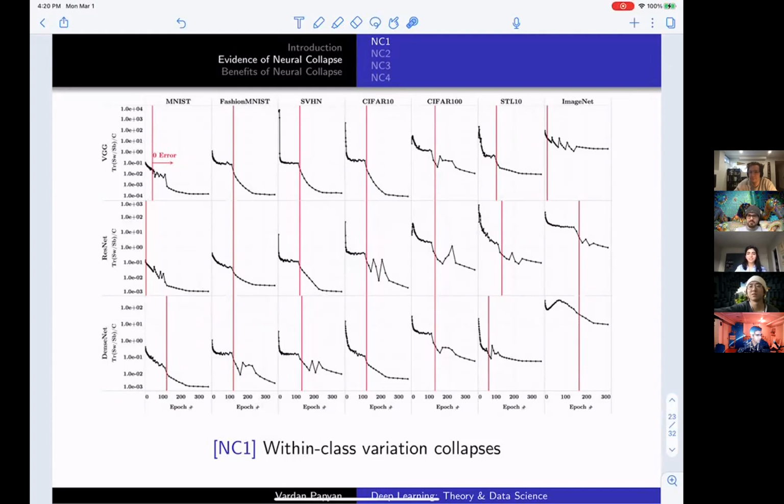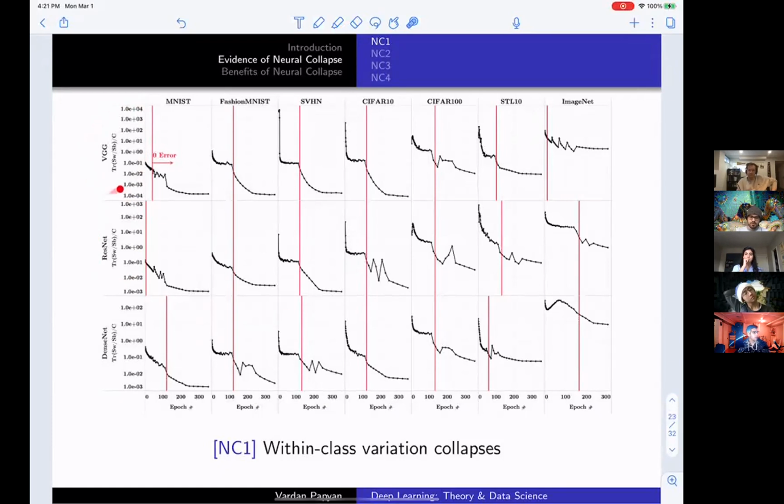So does everyone remember what it means for a network to reach zero training error? Does the definition of the red line make sense? It does. Okay. Notice how different rows of plots correspond to different architectures that you might remember from our earlier lectures.